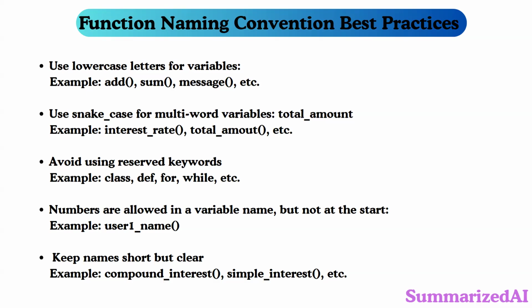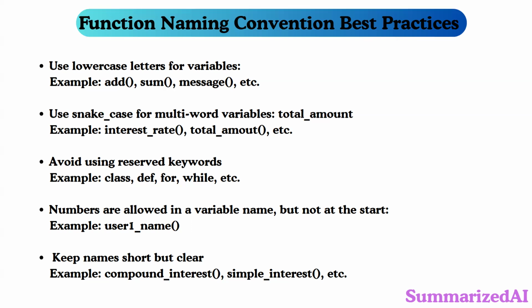Now, keep names short but clear. As you know, we have just calculated the interest, and while creating it we gave the name calculate_interest, so that the developer can easily understand what this function is doing and what its purpose is.